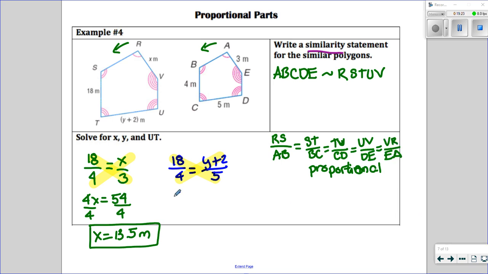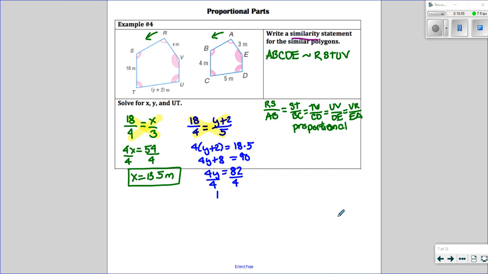So then I'm going to have 4 times y plus 2 equals 18 times 5. 18 times 5 gives me 90. And I distribute: 4y plus 4 times 2, 8. 4y equals, since I'm subtracting 8 from 90, it will give me 82. And then I divide by 4, and y equals 22.